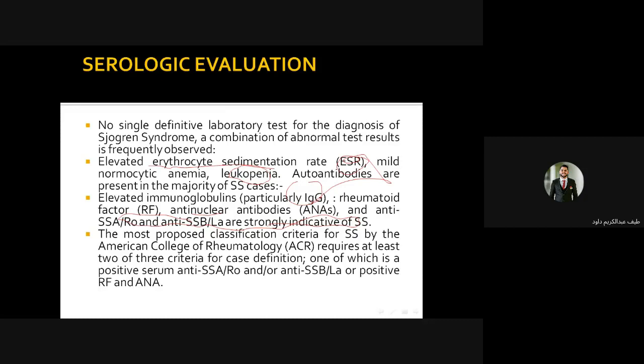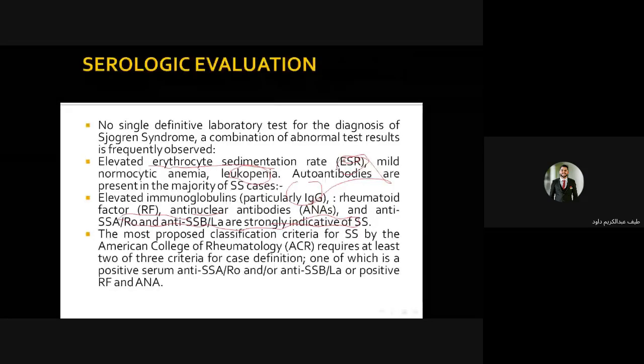In the serological evaluation, we have to send the patient for a complete lab picture, differential cell count, morphology of the cells. We could demonstrate the ESR, leukopenia, whether the patient is complaining of anemia, and the immunological study, which is the anti-nuclear antibody, anti-double strand, IgH, SSA, SSB, which are considered highly specific for Sjogren syndrome.